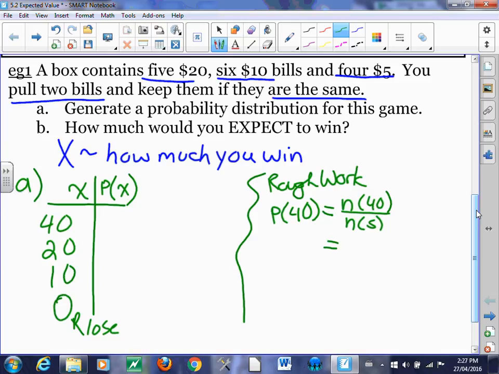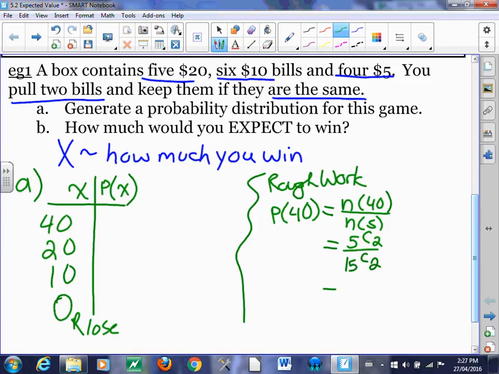How many $20 bills are there? There's 5, and we have to choose 2 of them. 5 choose 2 over the total, which means how many bills do we have altogether? 5 and 6 and 4 make 15. So 15 choose 2 bills.